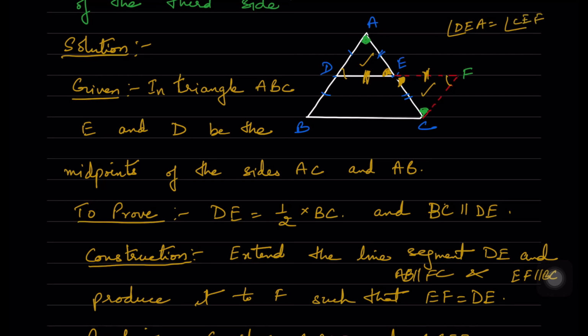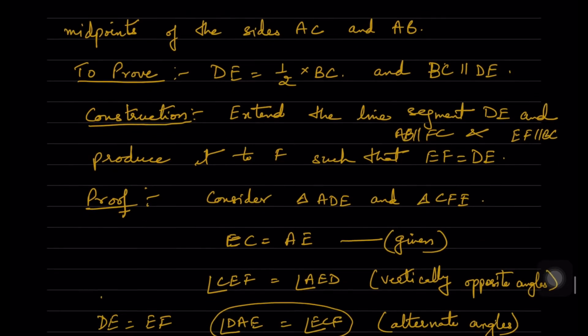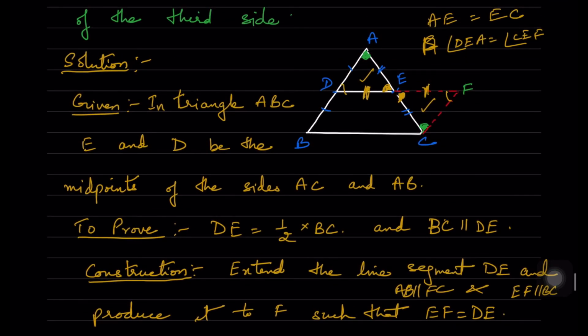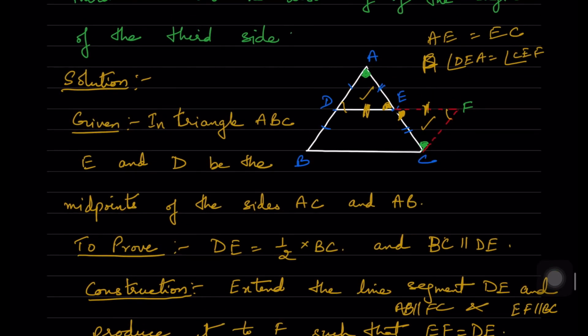This is one condition which you have. Next you have AE is equal to EC. This is given to us, because E is the midpoint of AC. And now from construction we have taken that E is the midpoint of DF, therefore DE is equal to EF.